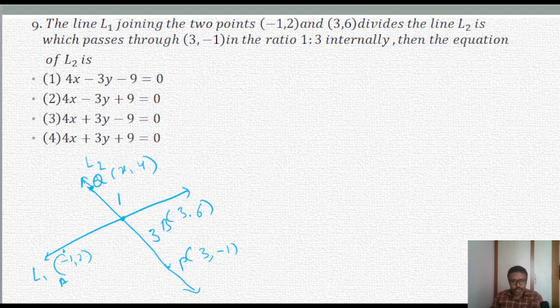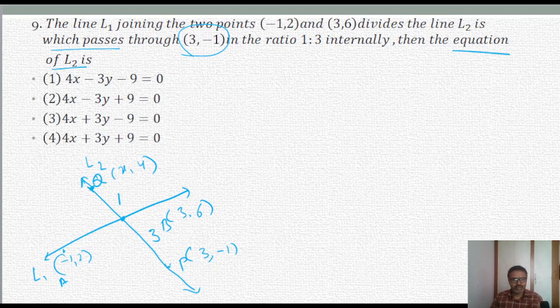But no need to do all these things, because of the information in the given question. Carefully read the question before going to solve anything. Here it is clearly given we need to find the equation of L2, and this point 3 comma minus 1 lies on this line.